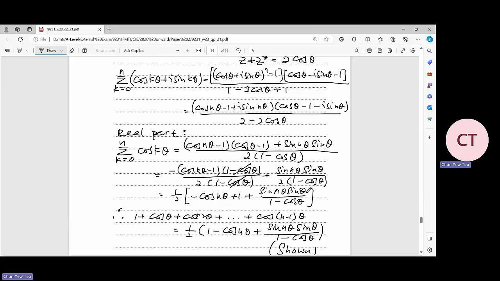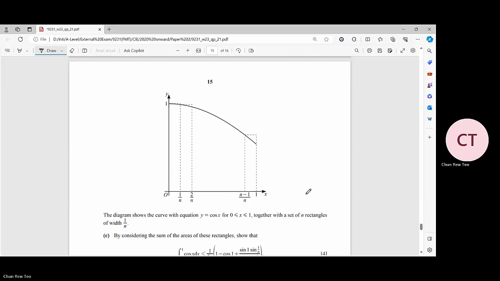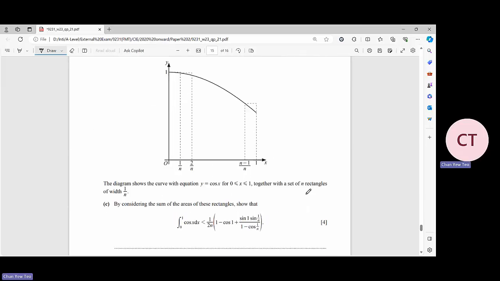Now we move on to part C. Part C is the summation of the series, the summation of the areas of the rectangles here. The diagram shows the curve with equation y equals cos x, where x is from 0 to 1, together with a set of n rectangles with a width of 1 over n.